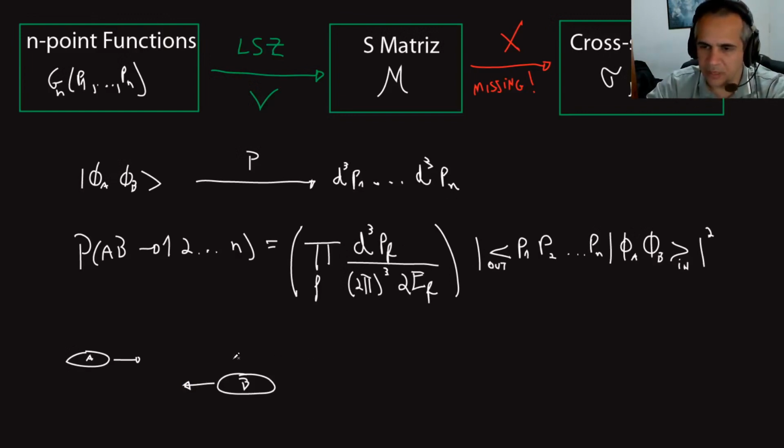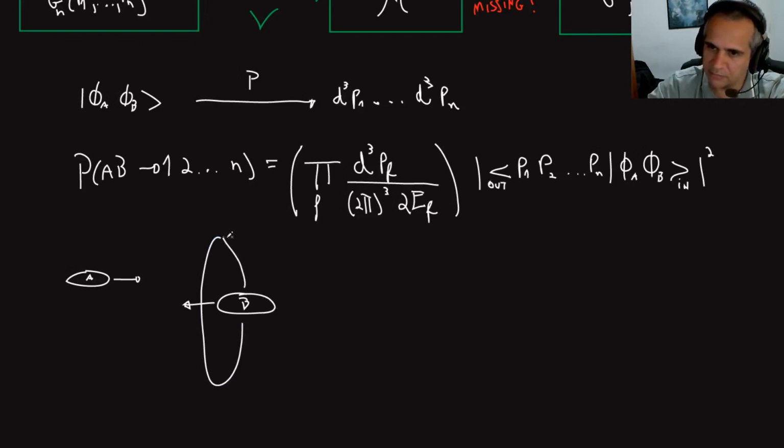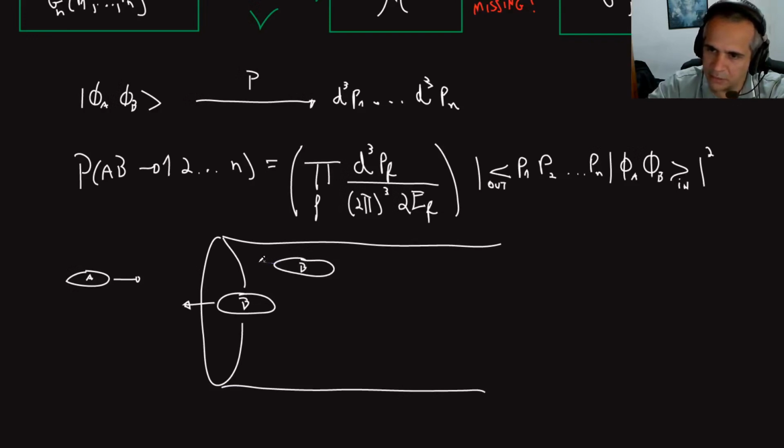Now imagine I do a little bit more realistic version of this. So now I have a beam. Let's draw a circular beam, right? And this has many B states coming, right?